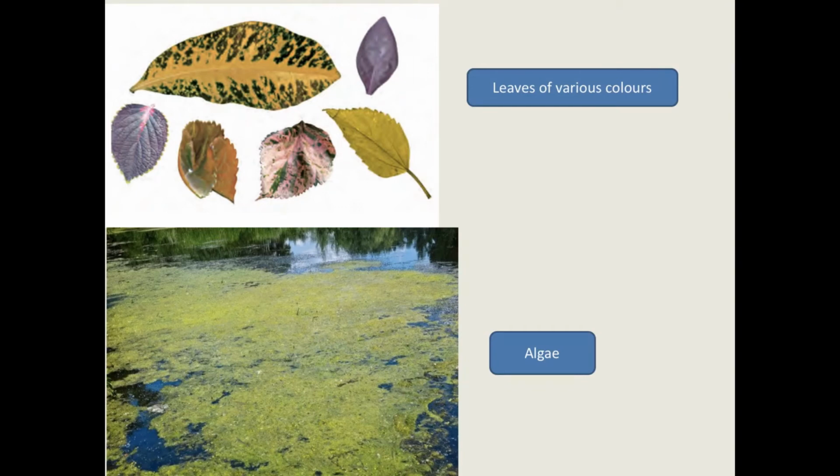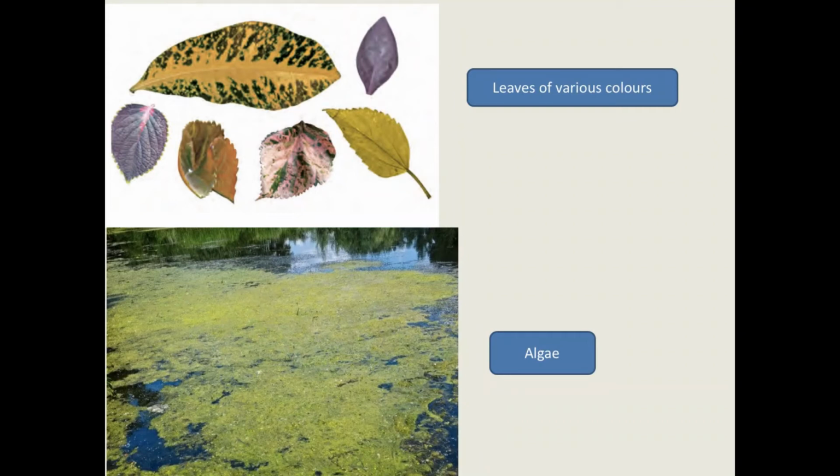Apart from these plants, there is another plant family member which comes under the group of autotrophic nutrition. That organism is called algae. These algae are slimy, green-colored organisms which you can find in wet or moist places.